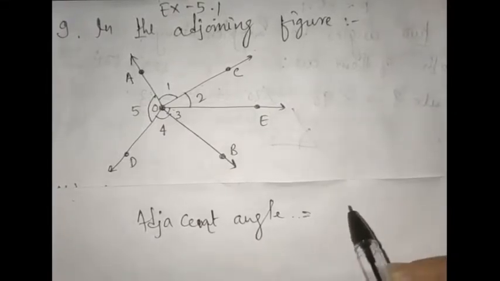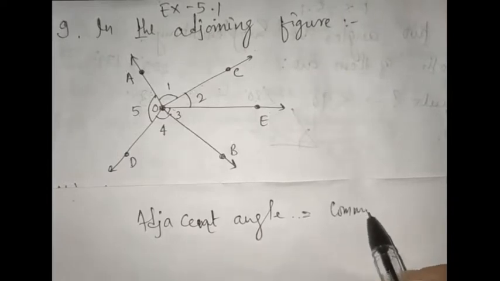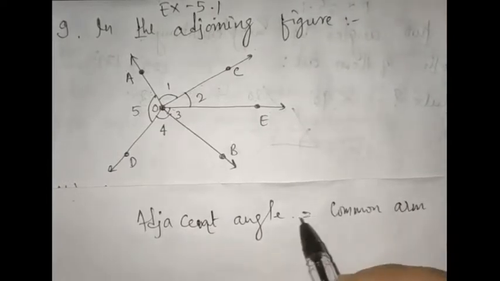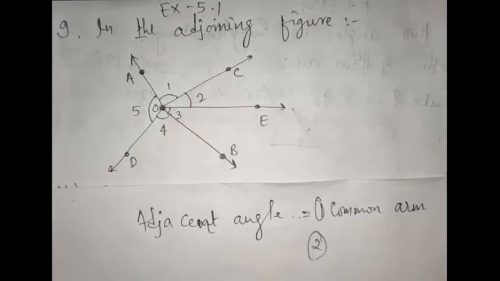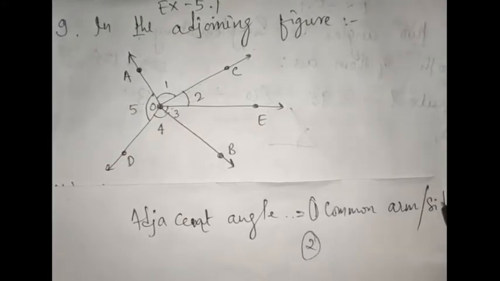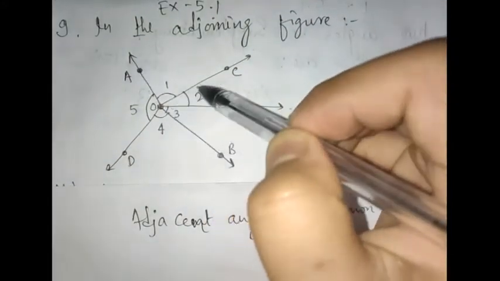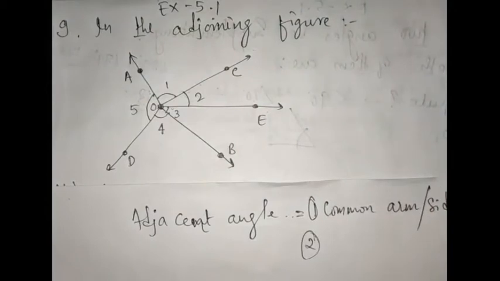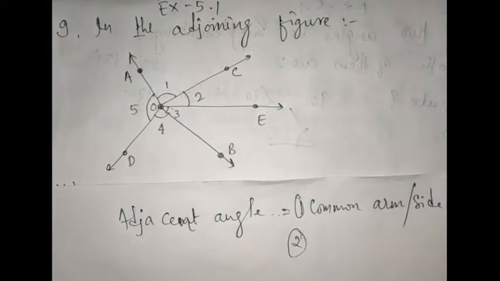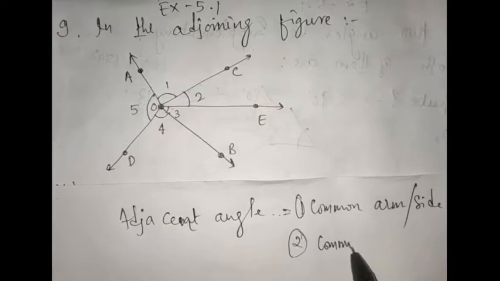It should have a common arm, or common side. If they have the common arm or side, then we can consider it adjacent. Another important thing to remember is the common vertex.